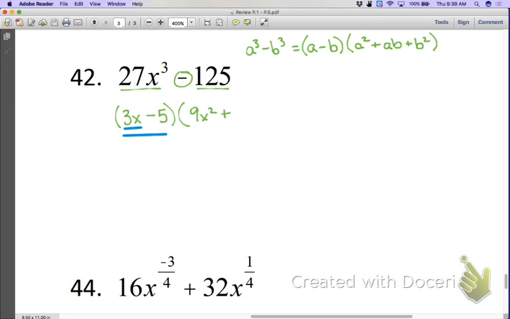So 3x times 5 is 15. Wait, how come it's positive? Because it's going to be the opposite sign. Okay. It is same, opposite, always positive. And then square the last term, so plus 25.